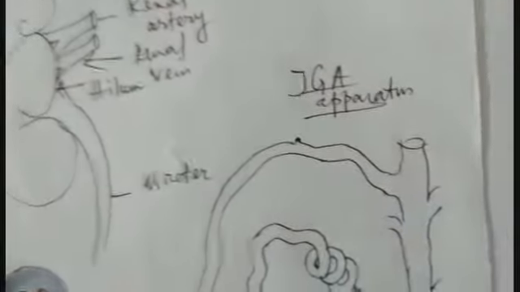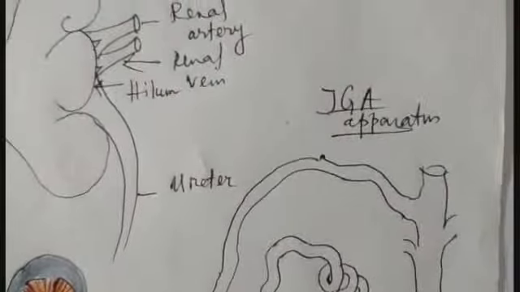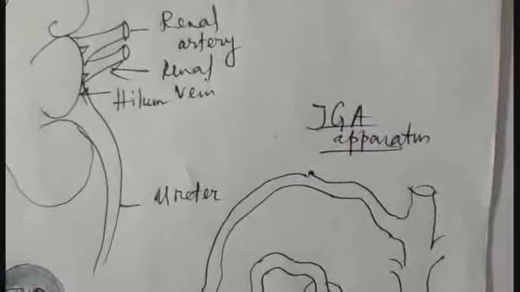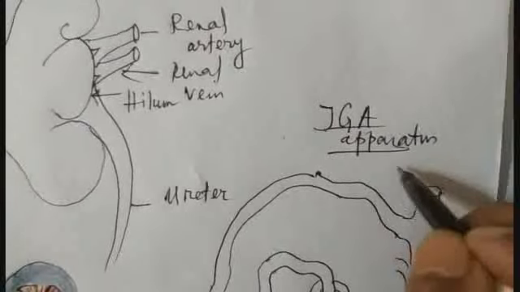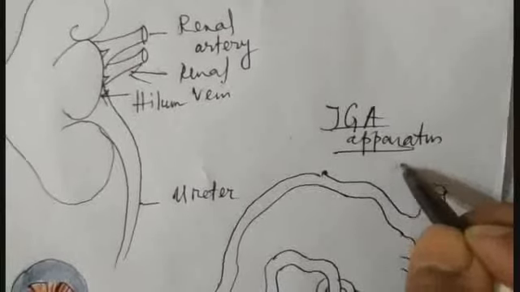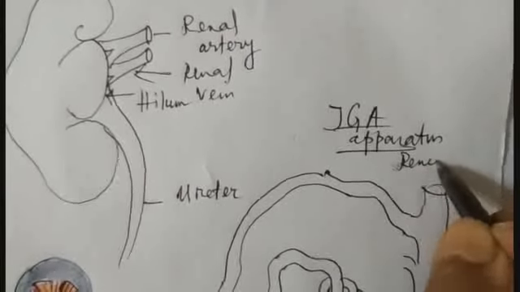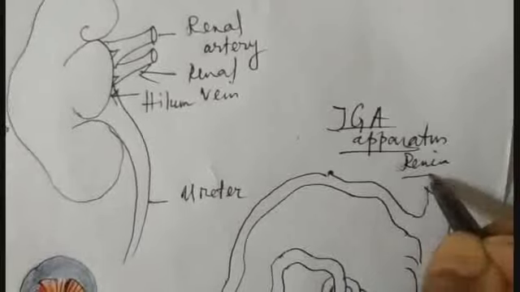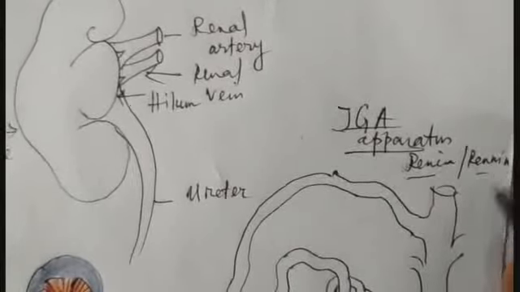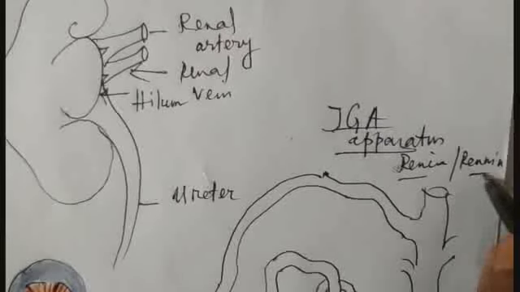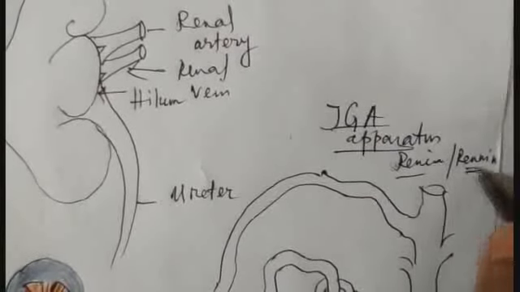Do you know the function of the JG apparatus? I think you know. From the JG apparatus, an enzyme is secreted, called renin. The spelling is renin, not rennin, which is related with digestion in a calf's stomach.